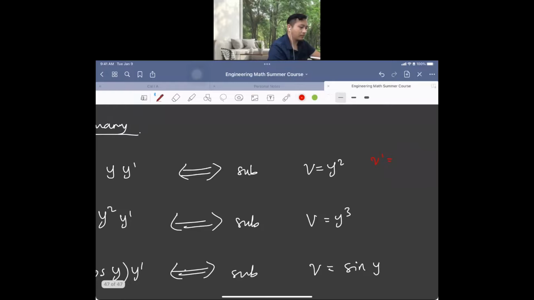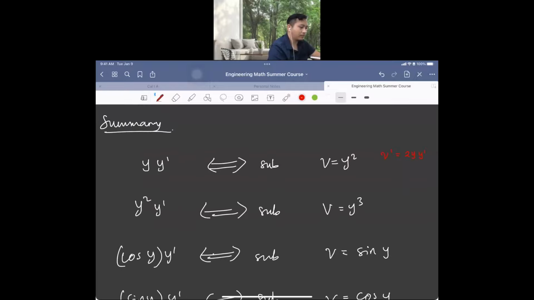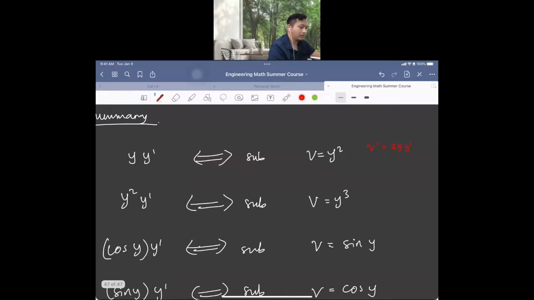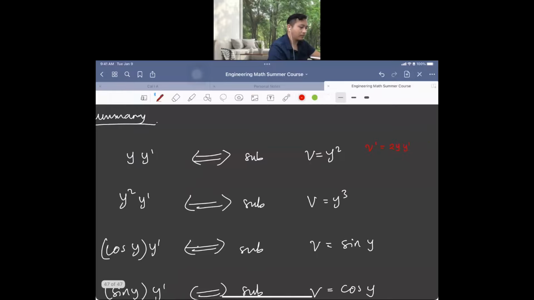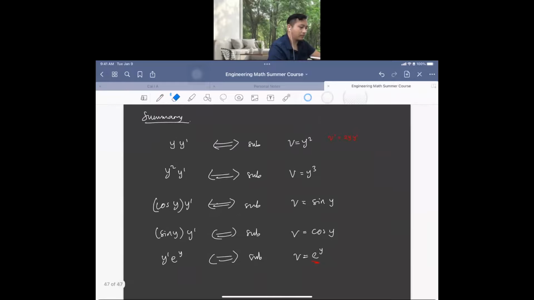The phi prime is 2y y prime. And then when you substitute, you can have a really good structure to be separated. This is just a summary of some patterns that might work for substitution.